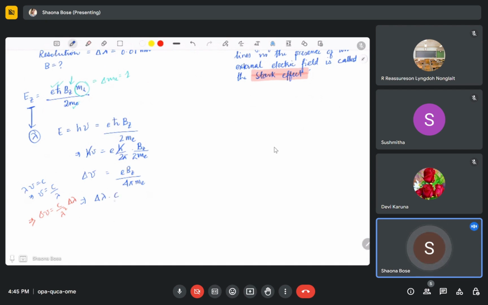So we will put this value here: del lambda c by lambda square is equal to e B z by 4 pi m e. That gives del lambda is equal to lambda square by c, e B z by 4 pi m e.